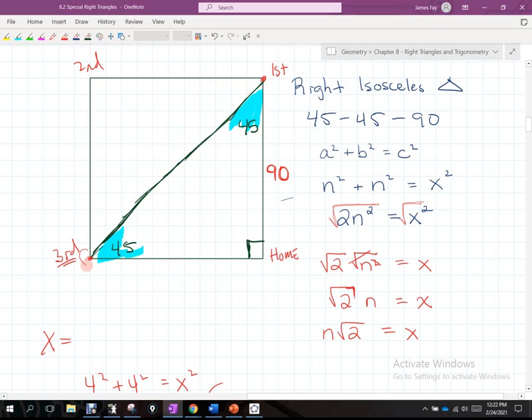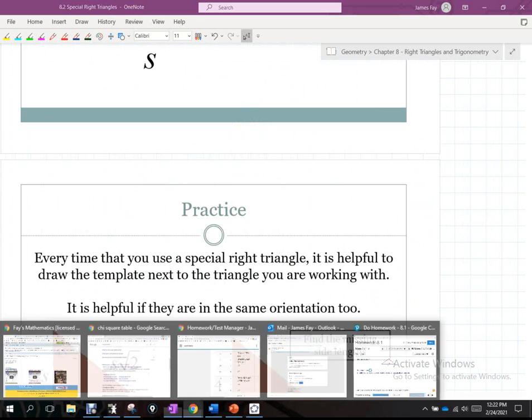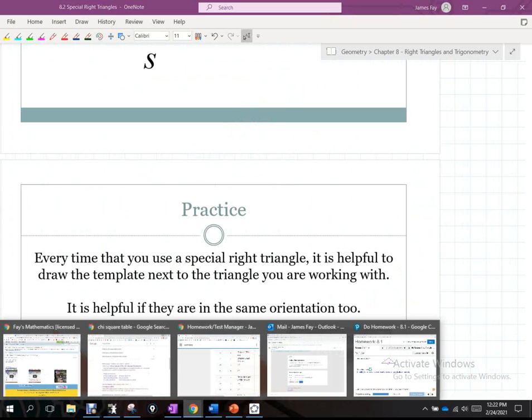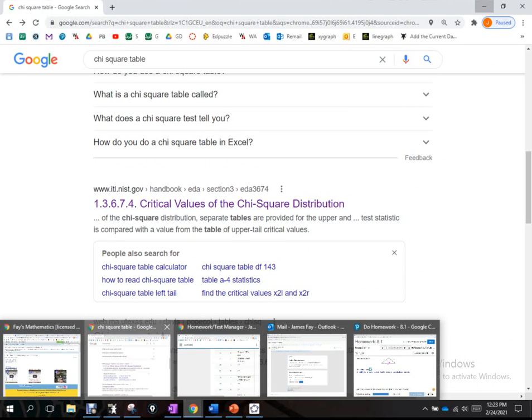If he's right here on the bag, how far will he have to throw to get to second base? 90 feet, right? How far does he have to throw it to first base? 90 radical 2 feet. Radical 2 is about 1.4, so it's about 90 times 1.4, about 135 feet-ish.